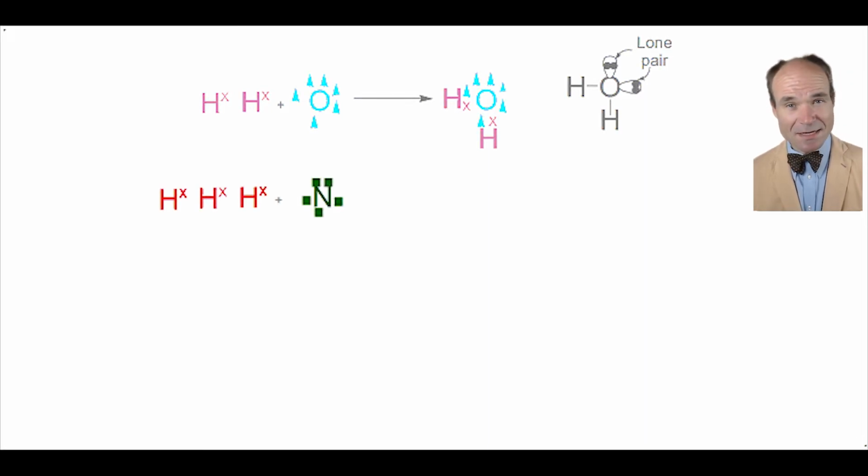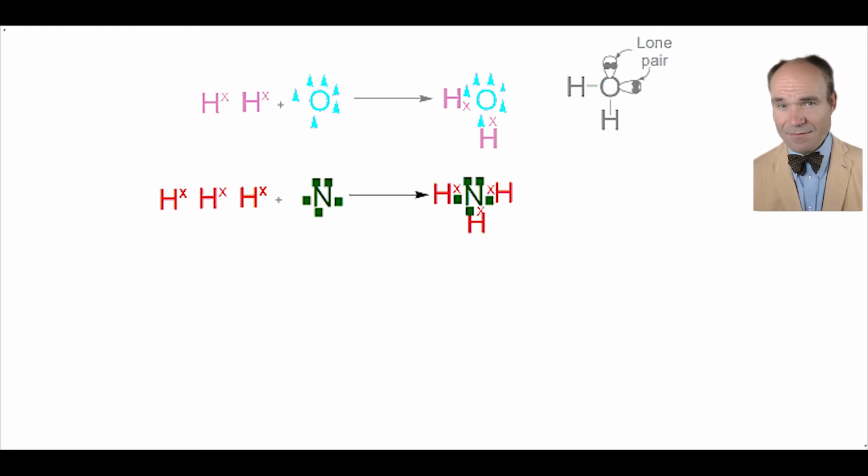The next example involves 3 hydrogen atoms coming together with a nitrogen atom. Each hydrogen atom again has 1 valence electron, and the nitrogen has 5 valence electrons. We will use 3 of the nitrogen's valence electrons, each being shared with a hydrogen's valence electron, and this results in 3 single bonds being made, one in between each hydrogen and the nitrogen.